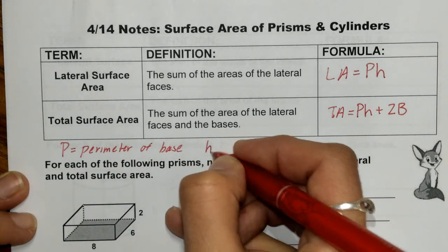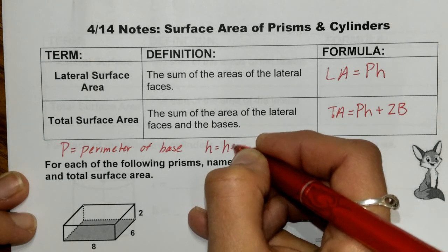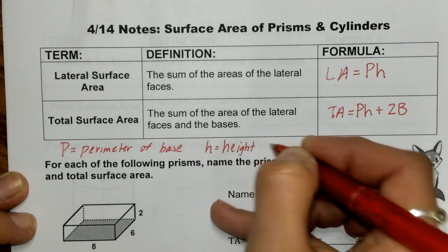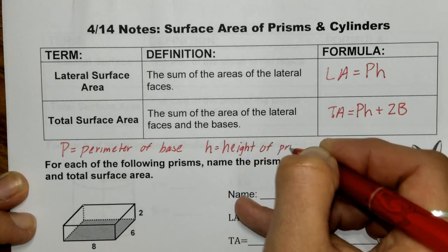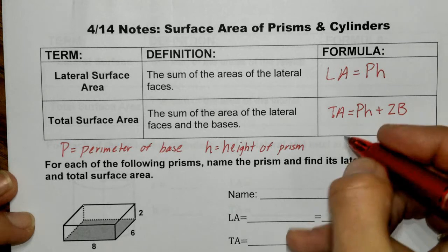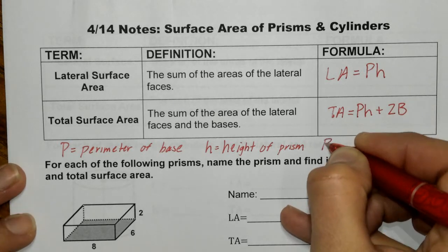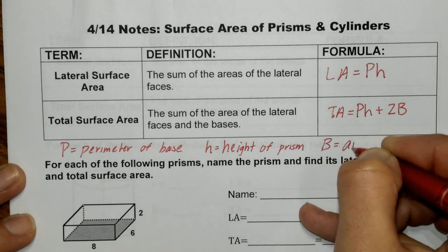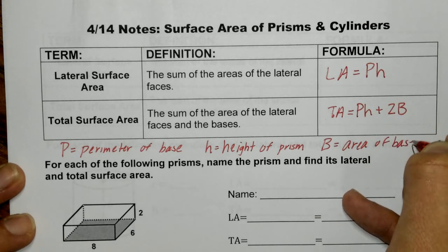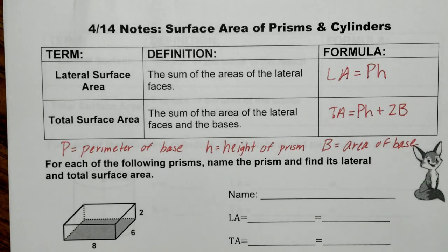The h is going to be the height of the prism. In my opinion, it should have been a big uppercase H, but I don't know. And then we have big B, which is going to be area of the base. Okay? So it's very, very important to understand where the bases are.